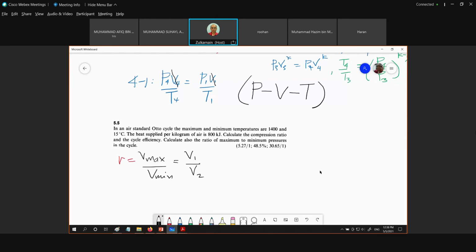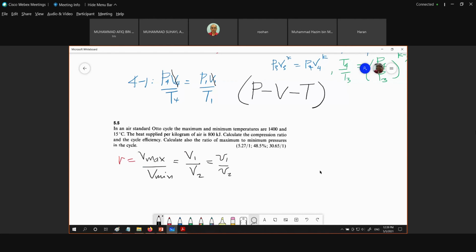It's given here for every kilogram. So what is our V1? This could also be written in terms of specific volume. It's the same, V1 divided by V2.